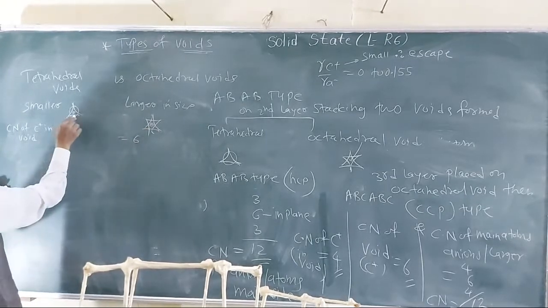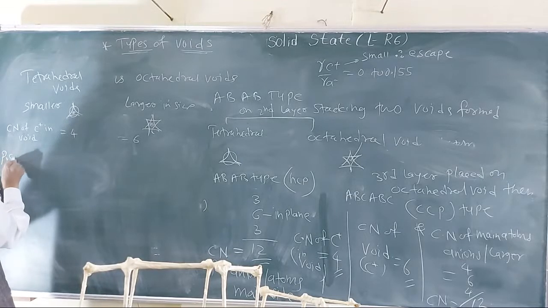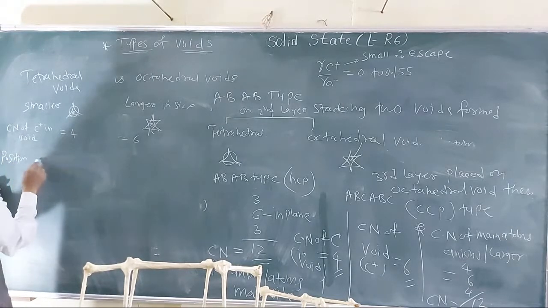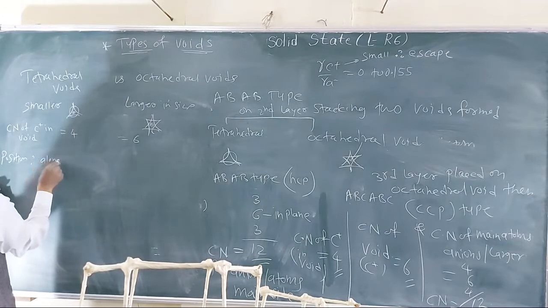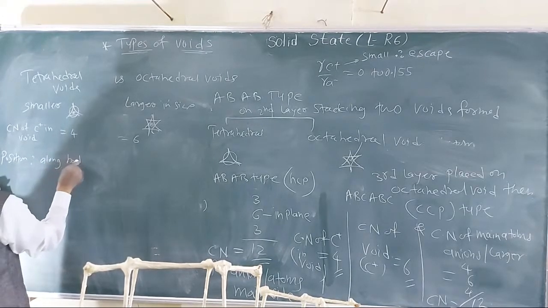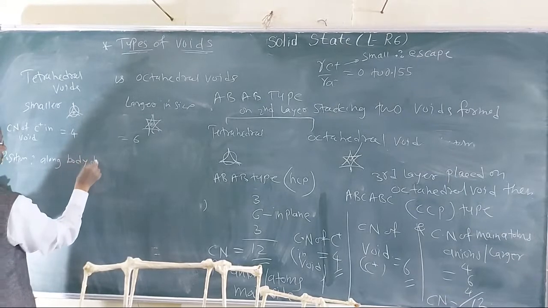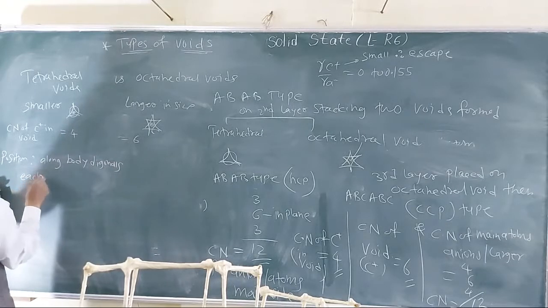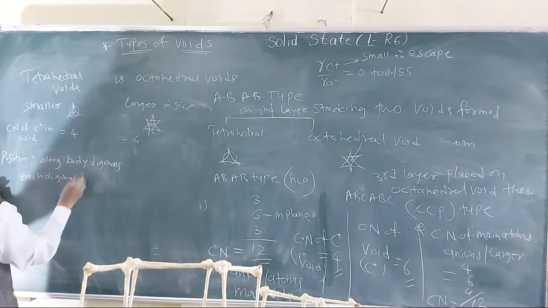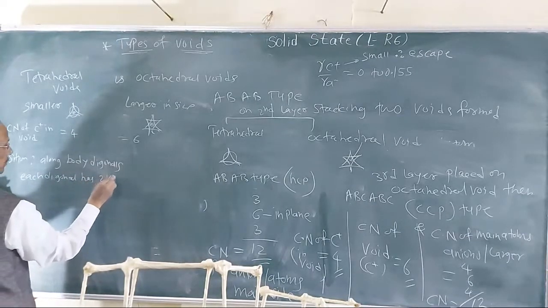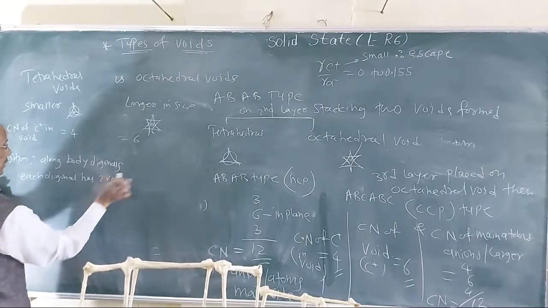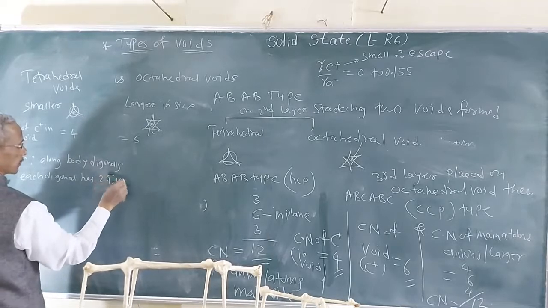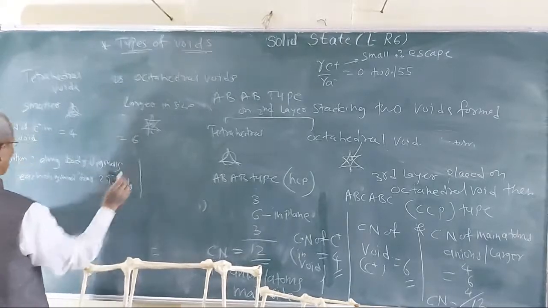Okay, so here the position where they occur, again they are along the body diagonals. Very important, diagonals. Each diagonal has 2 tetrahedral voids.